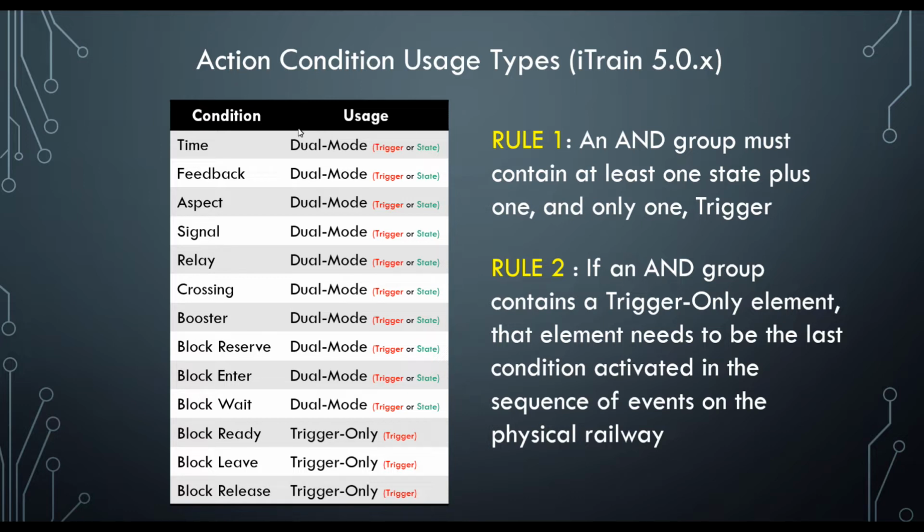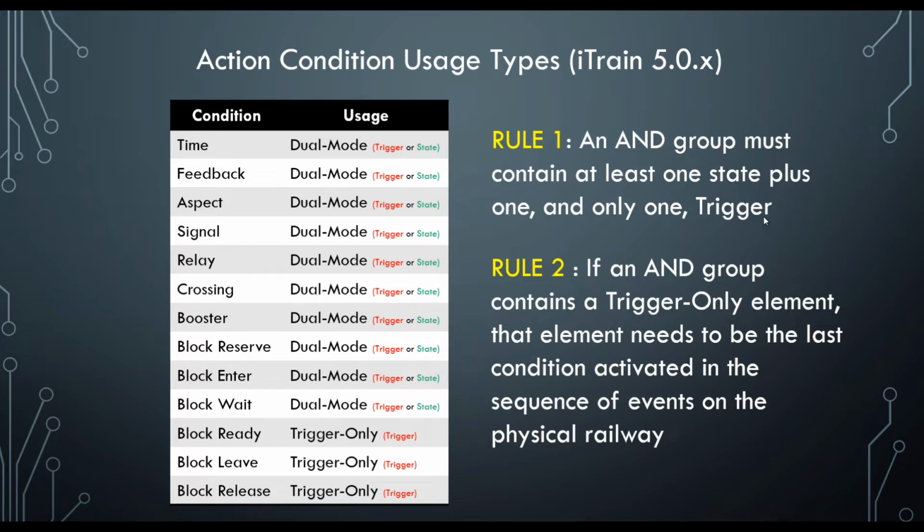From this table we can see that the only elements that can provide a state are the ones that we have called dual mode. So if you preferred, you could replace the word state with the phrase dual mode. An AND group must contain at least one dual mode plus one and only one element that will be used as the trigger.